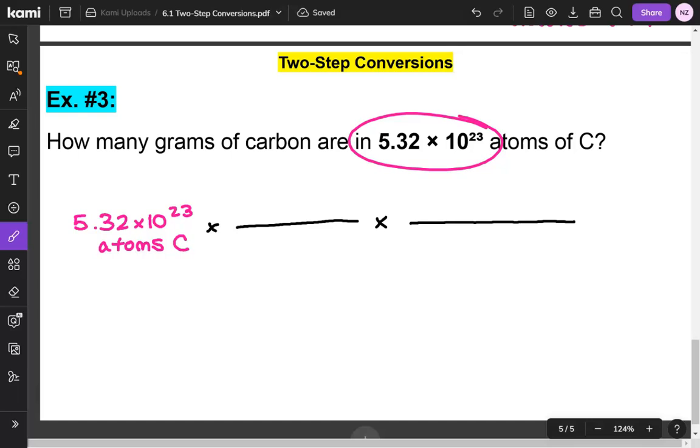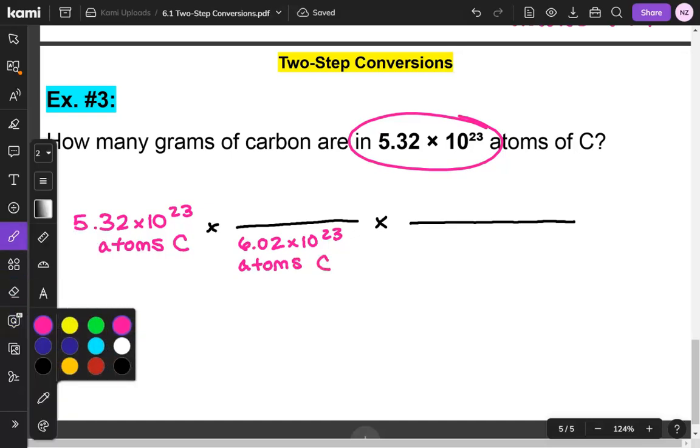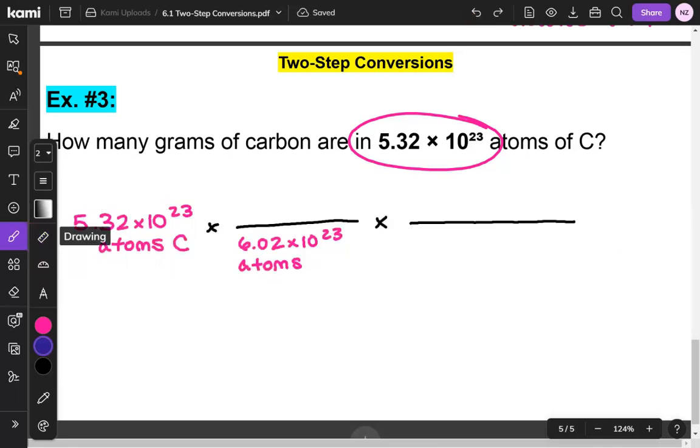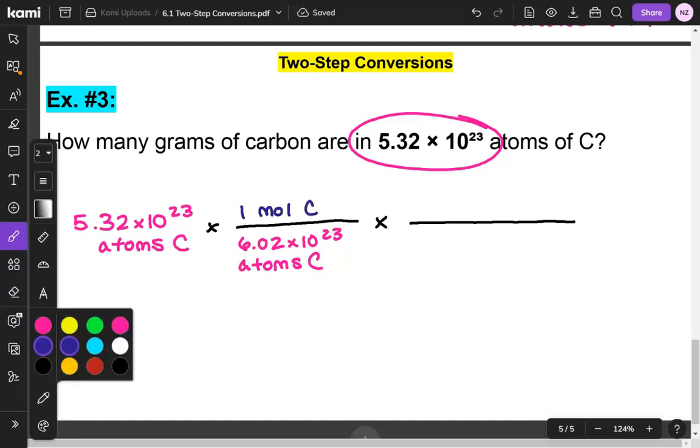Our first step, we're going to go from atoms to moles. So there are 6.02 times 10 to the 23rd atoms of carbon in 1 mole of carbon. Oops. How did I do that? Atoms of carbon in 1 mole of carbon. Okay, so let's cancel out our units.